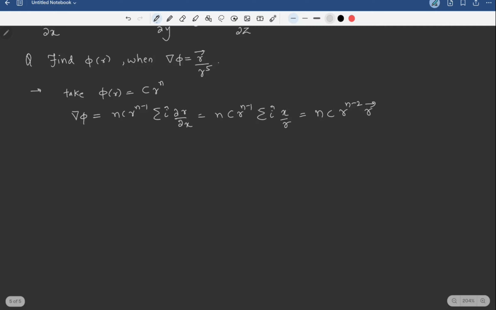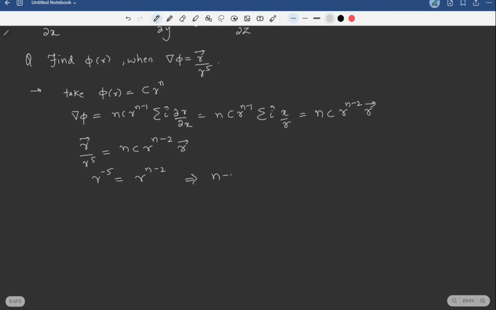So we equate this power term with this term. What we get, r by r raised to 5 is equal to n c into r raised to n minus 2 into r. Remember, we are not done with the problem yet. After equating the power, we still have to simplify it. So what we get, r raised to minus 5 is equal to r raised to n minus 2.